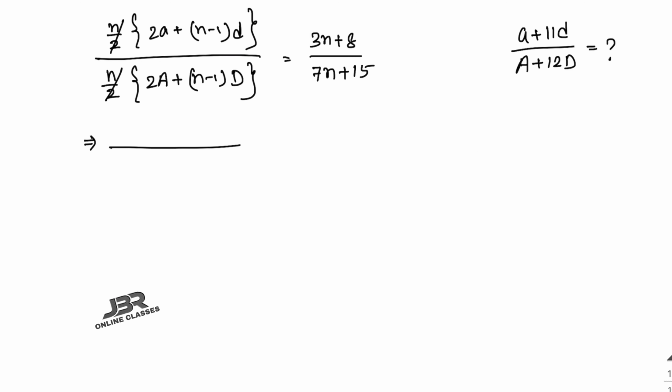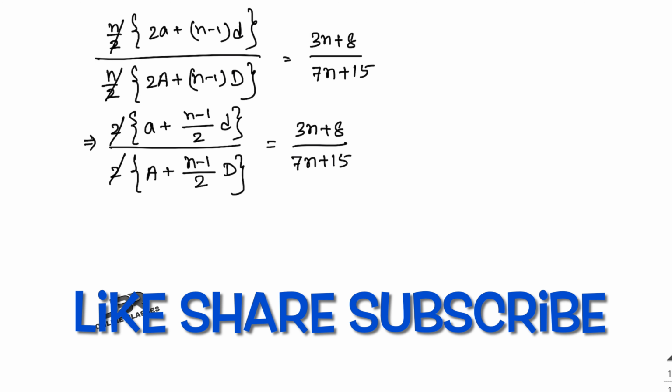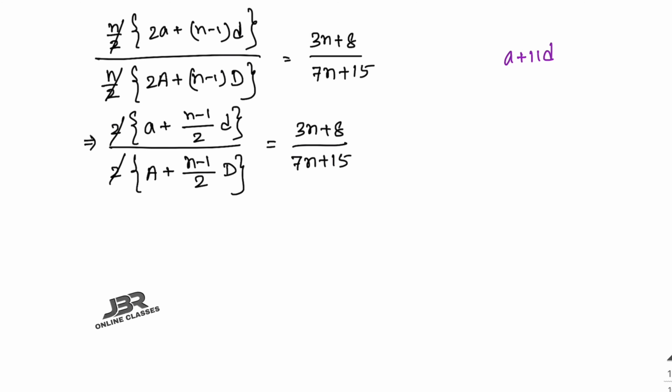Now if you take 2 common from that, it will be A plus n minus 1 by 2 D, and likewise A plus n minus 1 by 2 capital D, equals 3n plus 8 over 7n plus 15, then the 2 cancels out. As you have to find the ratio between the 12th terms, that means A plus 11D divided by capital A plus 11 capital D. So n minus 1 by 2 will be 11.